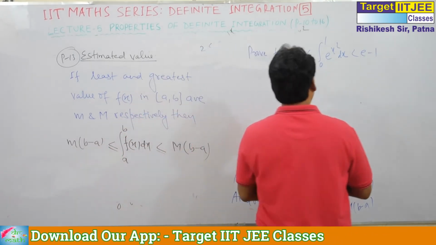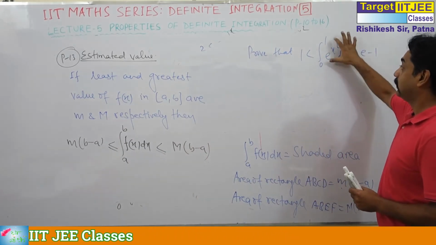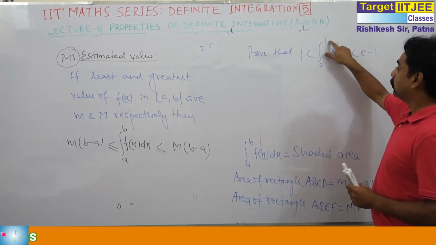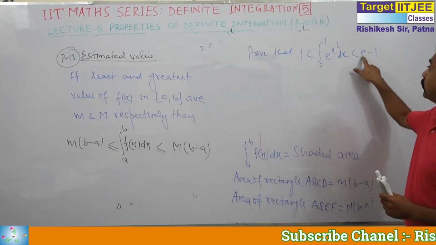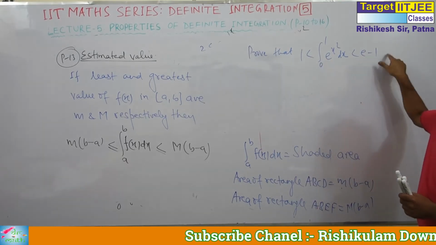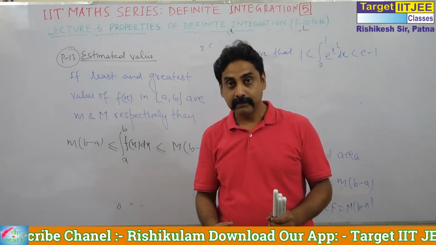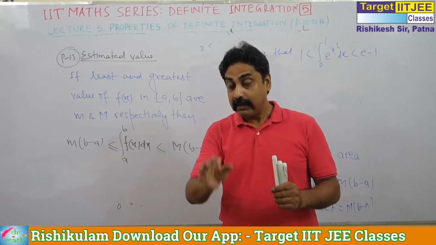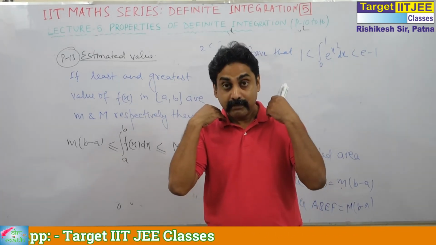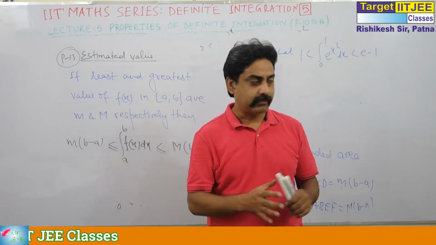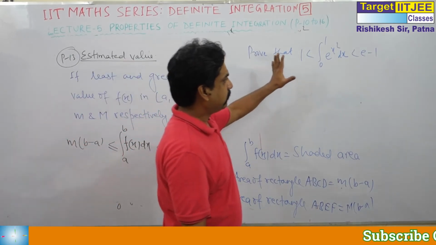We can't integrate e to the power x square in indefinite form. But from 0 to 1, we can find that its value lies between 1 and 1.71. There might be another process which will make the estimation better, but this is what we are going to say with this theorem.